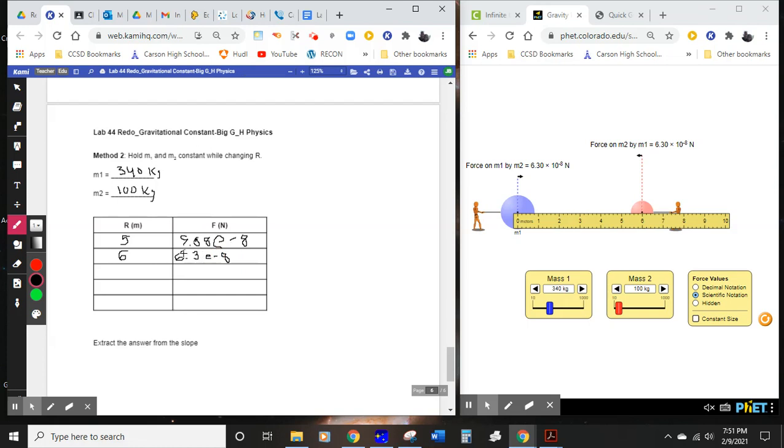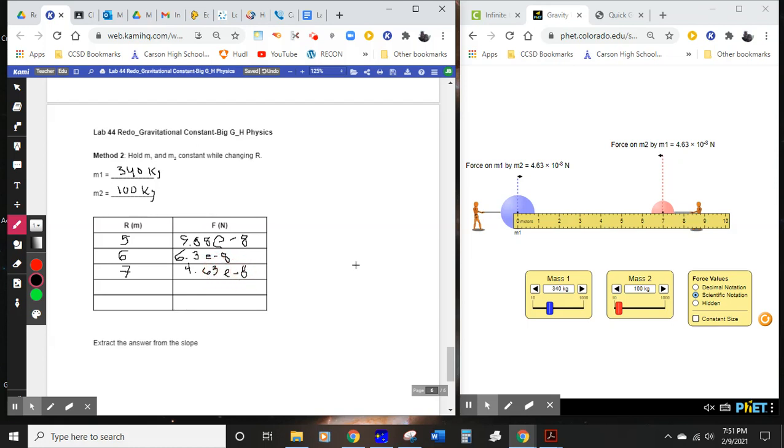Looks like it's getting smaller. Now let's go to 7 meters apart, and this is now 4.63 e to the minus 8.